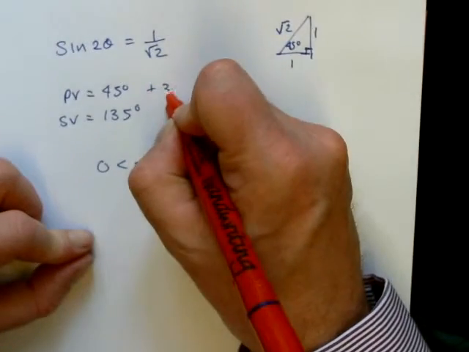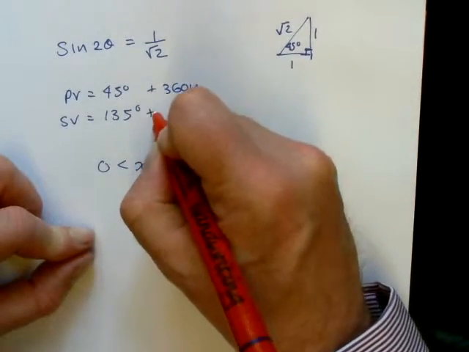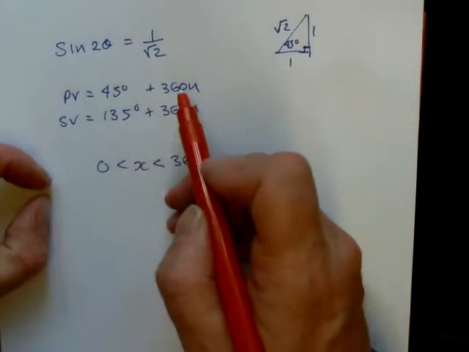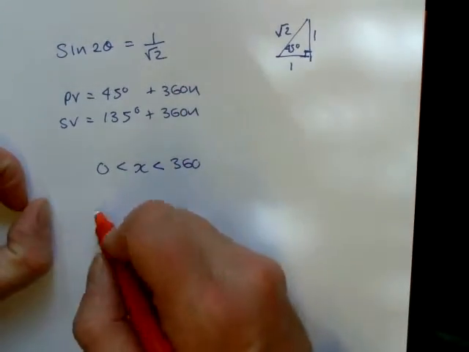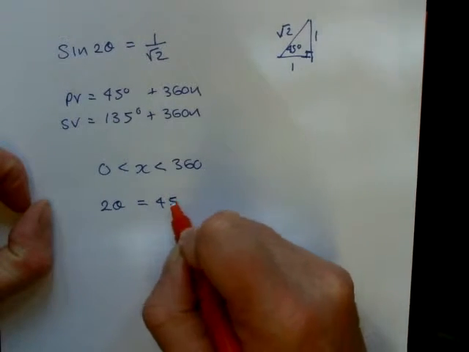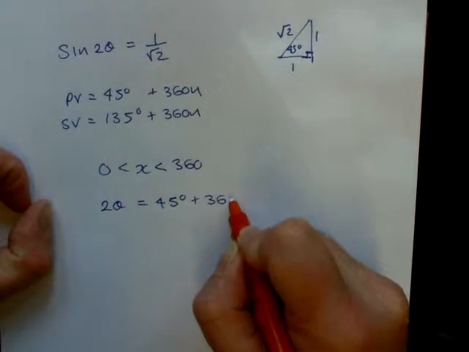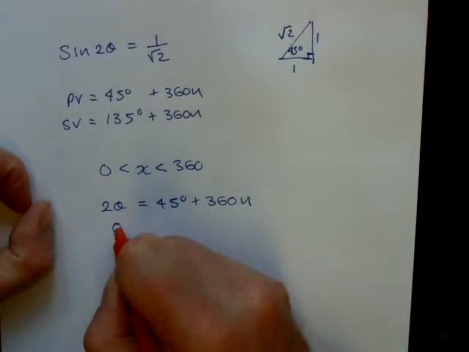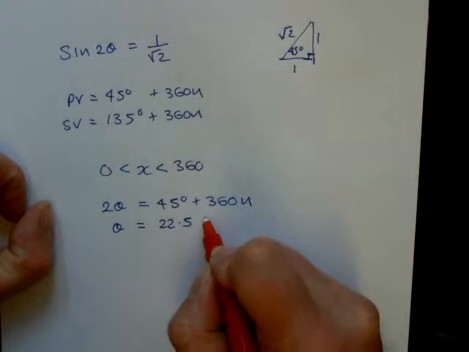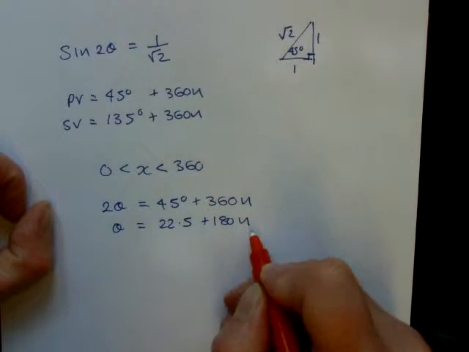Okay, if I put my plus 360n on, I'll use these formulas, taking one at a time. So my first answer will be that 2 theta equals 45 degrees plus 360n. To find the value of theta, I divide through by 2, giving 22.5 plus 180n.